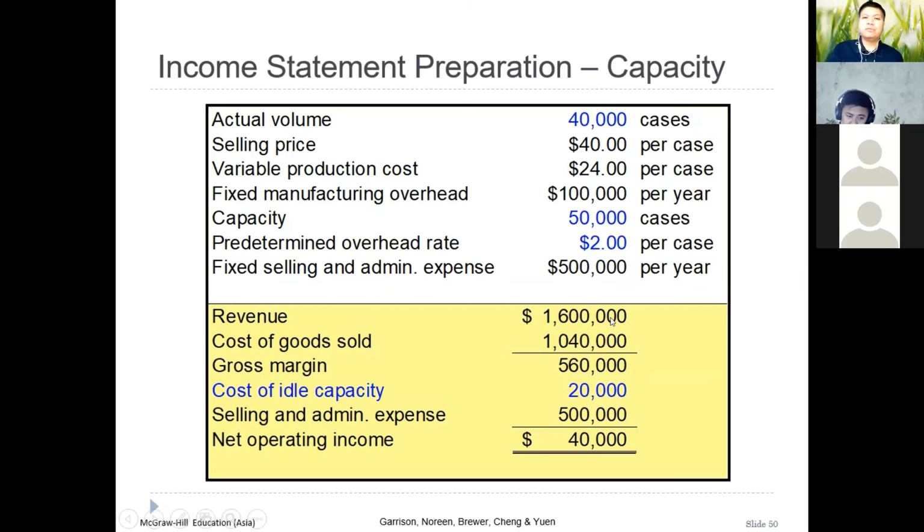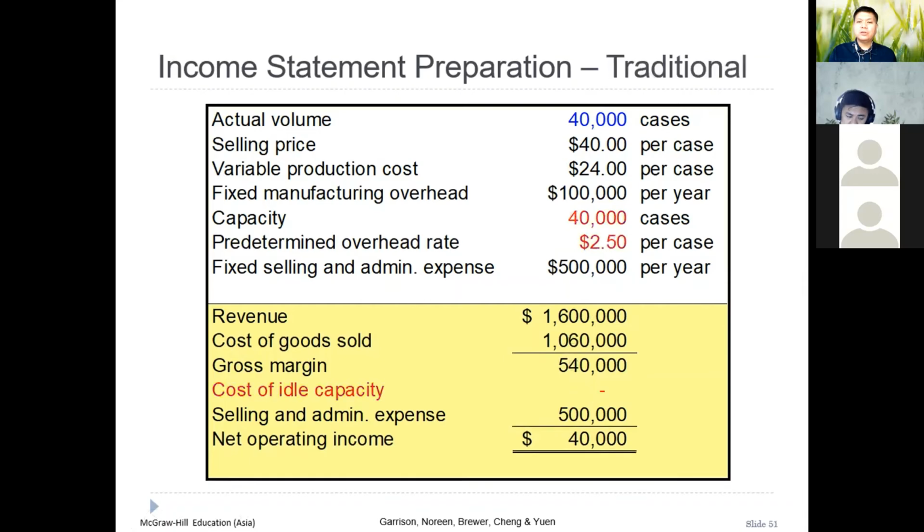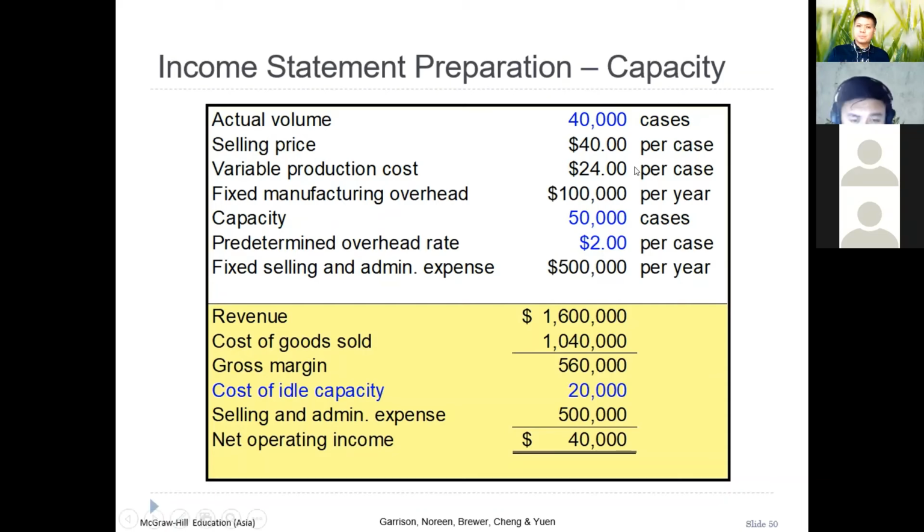Now, how do you compute for the cost of goods sold? Paano na-compute yung 1,040,000? Anybody? Variable production cost $24 plus $2 predetermined overhead rate is equal to $26 multiplied by actual volume, which is 40,000 cases.